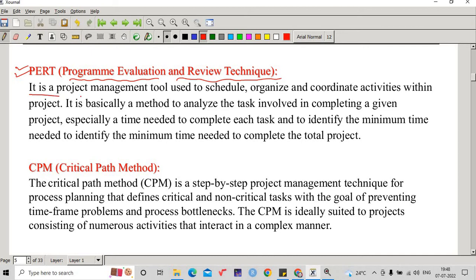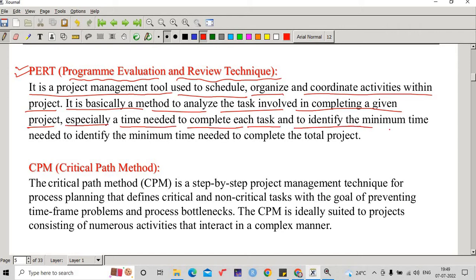It is a project management tool used to schedule, organize and coordinate activities within a project. It is basically a method to analyze the tasks involved in completing a given project, specifically the time needed to complete each task and to identify the minimum time needed to complete the project.